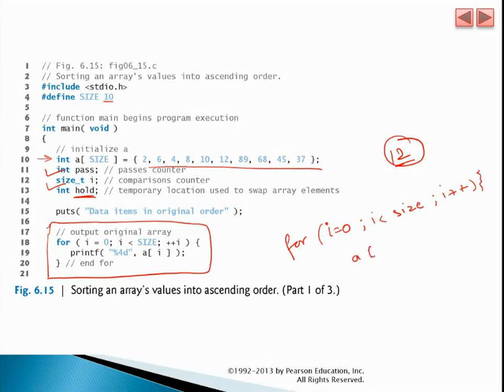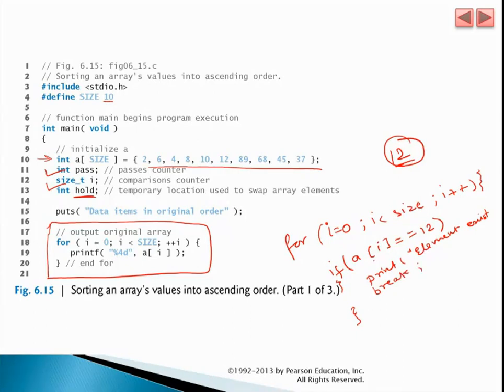So if a of i is equal to 12, then what to do? Print that the element exists, something like that. And then what we have to do? Break. You have to put break, otherwise it will go on and on.